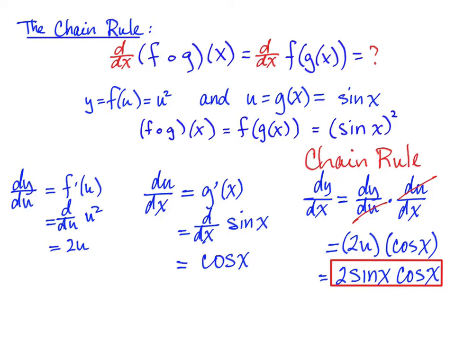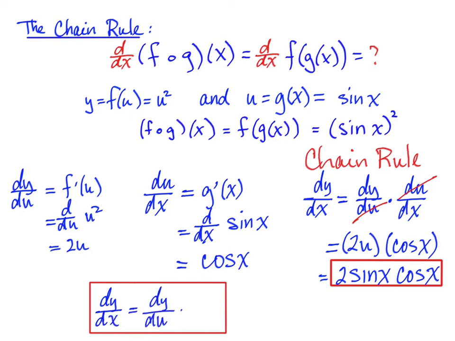So we get 2 times sine x times cosine x. So what we did was we found the derivative of the outside function with respect to the inside function, and then multiplied that by the derivative of the inside function. So we found dy du, multiplied it by du dx, and got everything in terms of x. So let's look at a couple of examples.